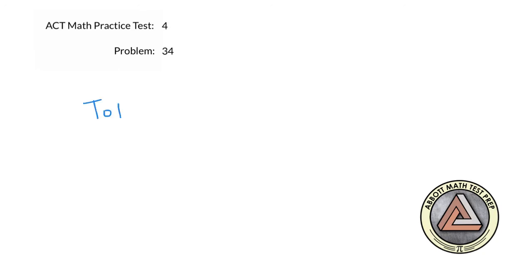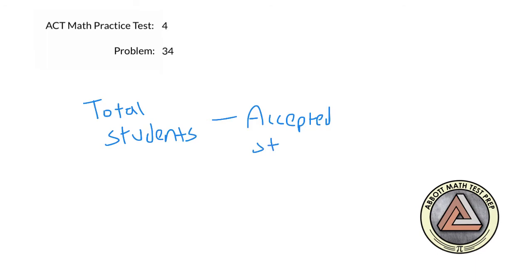I'm going to write total students minus accepted students. That would give us the number of non-accepted students, kind of a weird word.